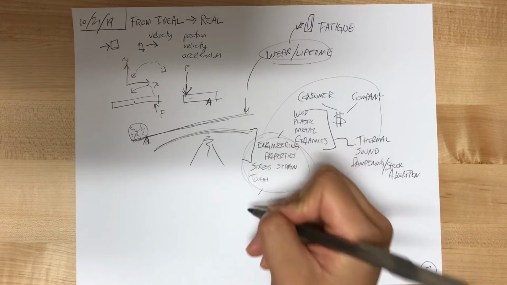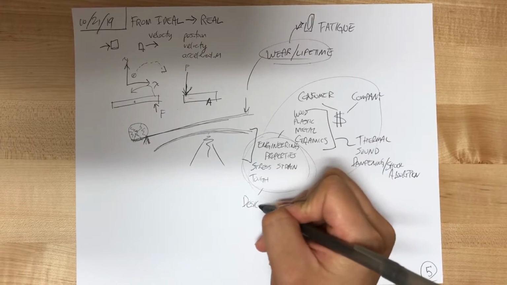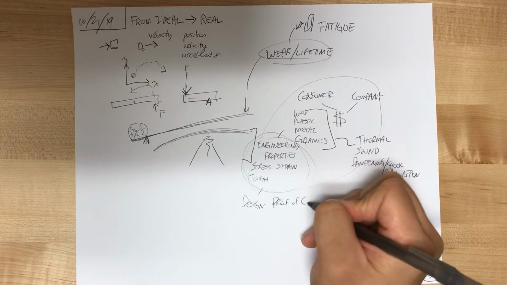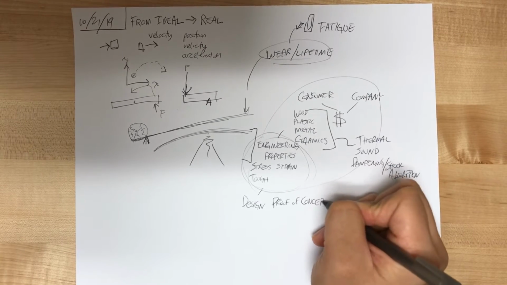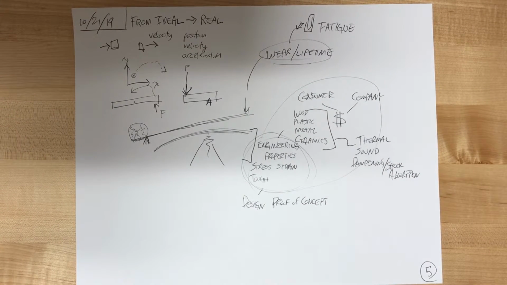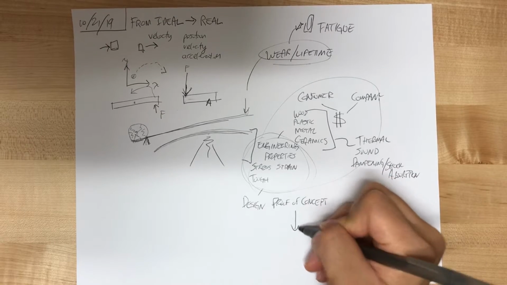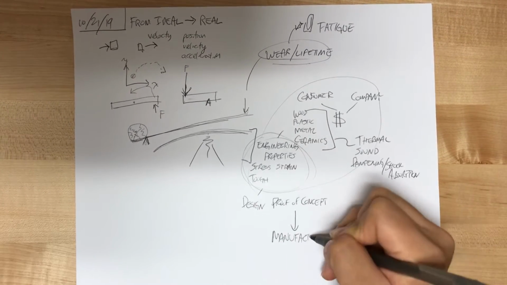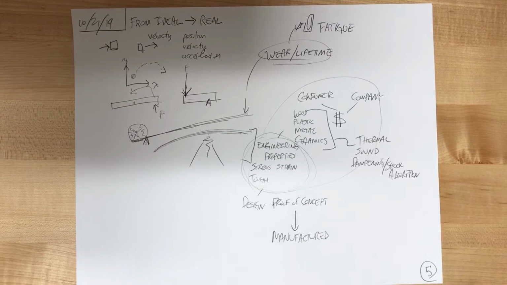You can design sort of your proof of concept, right? They say it's like a one-off or the first prototype or one of many prototypes. But then how do you get that to be manufactured? That usually means you're making it in the thousands, tens of thousands, the millions.